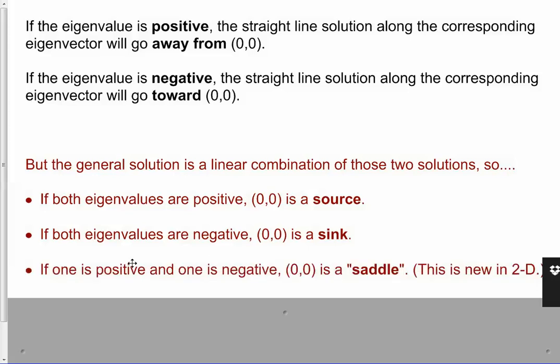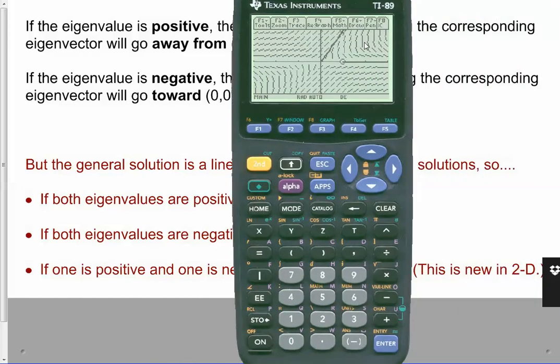If you have one of each, which is what we actually had in our example, this is called a saddle. This is new terminology. We've had sources and sinks back in single linear differential equations, but now a saddle is when you have one positive and one negative. That's what we're seeing here, right? Along this line things go inward, and along this line things go away.